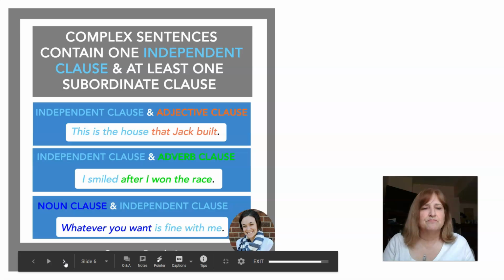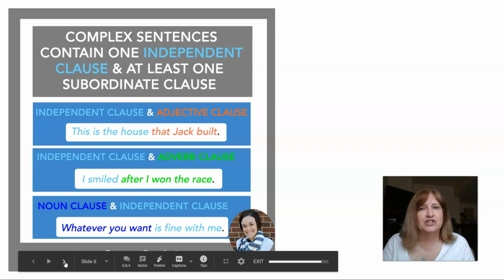This is the house. That could stand on its own. The word that, the connecting word, if you took that out, Jack built. It's not a great sentence, but it's complete. It has a noun and it has a verb. So it could stand on its own. It wouldn't sound great, but it's technically correct. So that is a complex sentence.